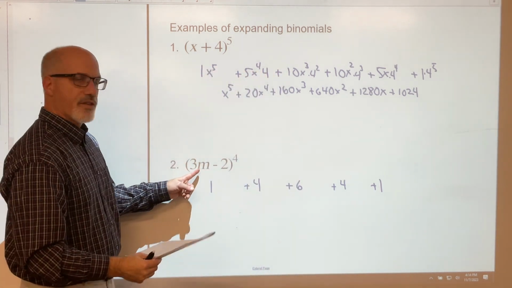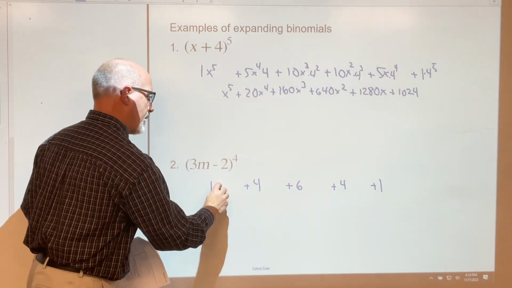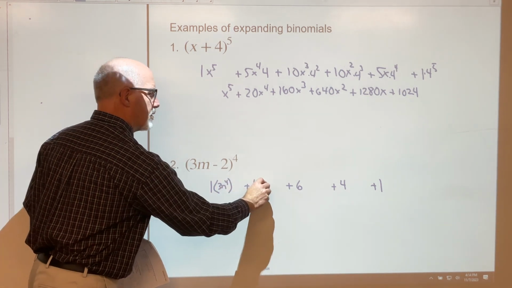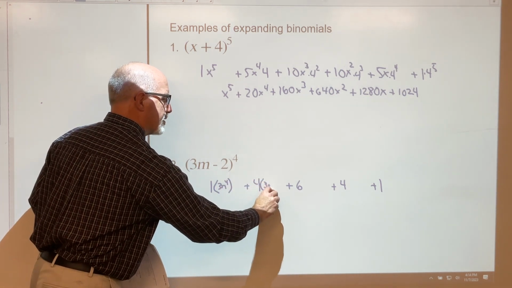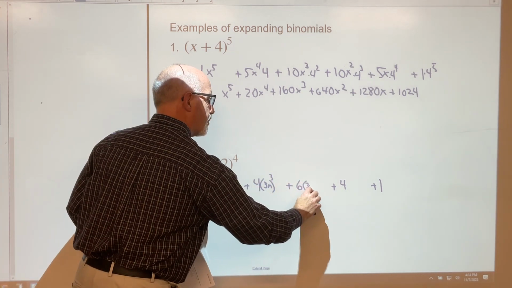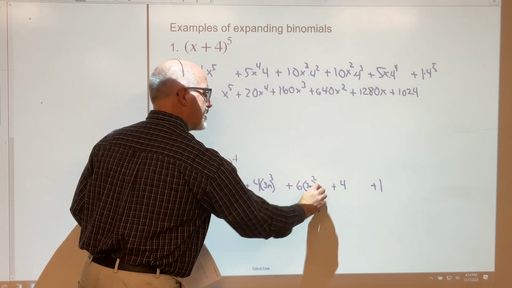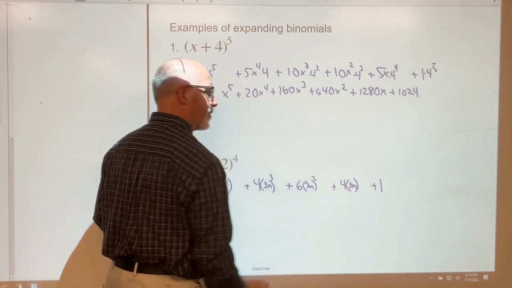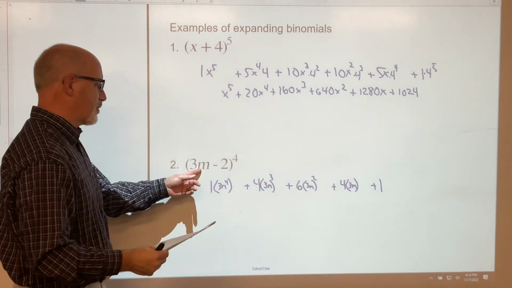I'm going to start off with the 3m being to the 4th power, so 3m to the 4th. I'm going to do 3m to the 3rd, and 3m to the 2nd, and 3m to the 1st, and then no more out of this first term.